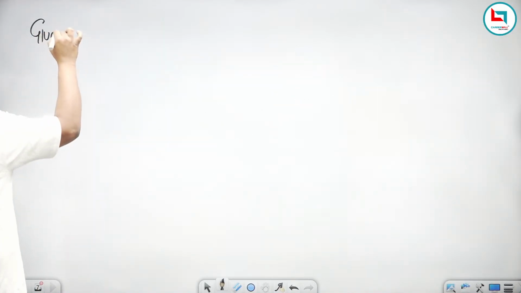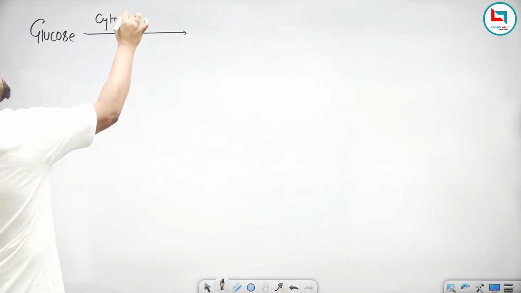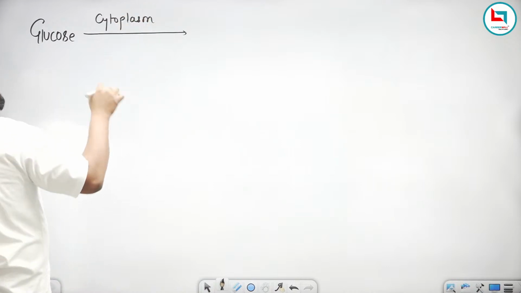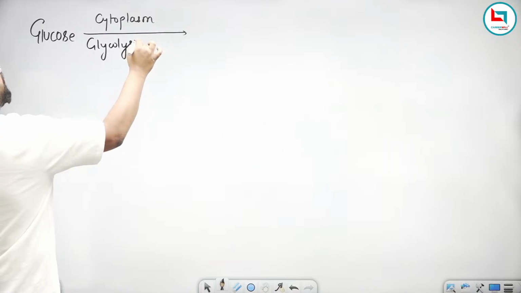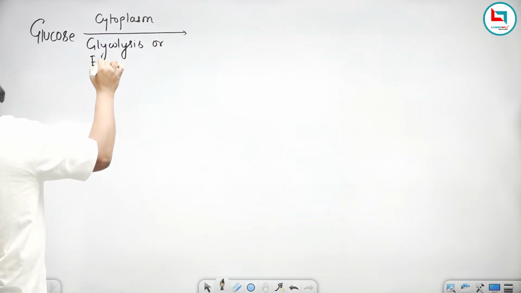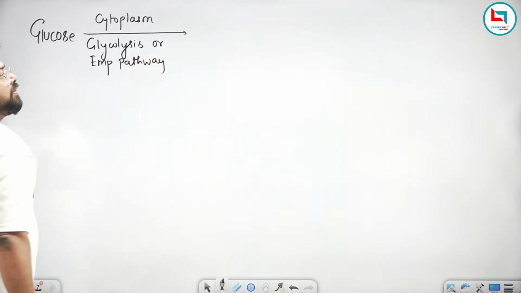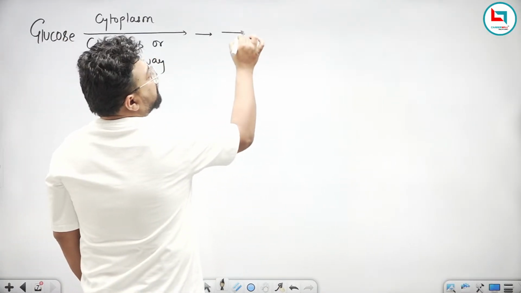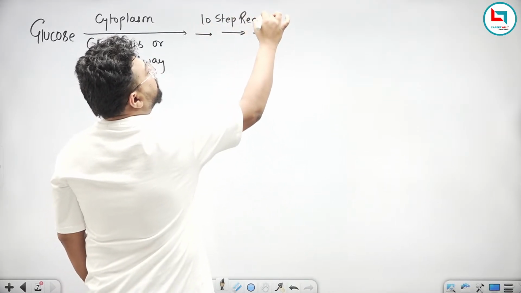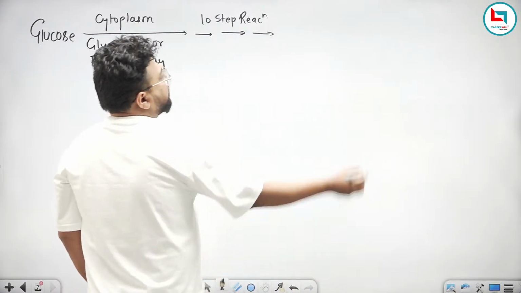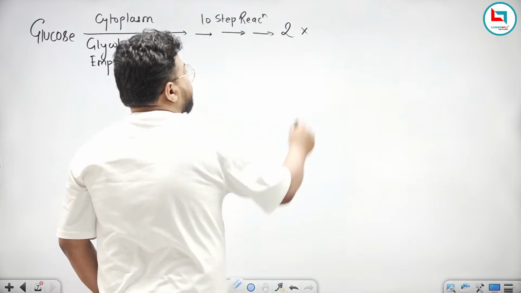Glucose inside cytoplasm is entering into a cycle known as glycolysis or EMP pathway, and in 10 step reactions, which means there are 10 different chemical reactions, they are forming two molecules of pyruvic acid.